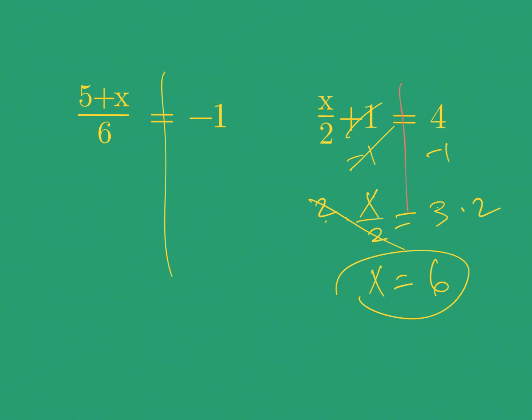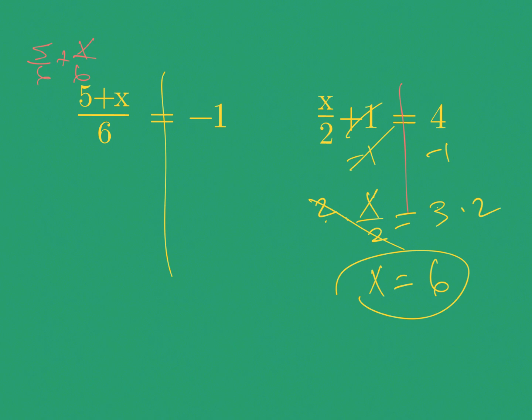Guys, what you're not going to be allowed to do here is just subtract that 5. Because that's not really just 5. That's really, let me write this up here. The left side of that equation, technically, is 5 over 6 plus X over 6.